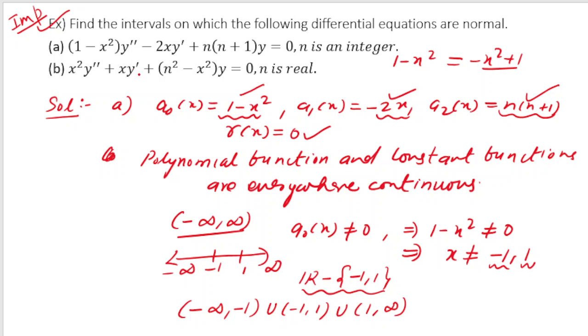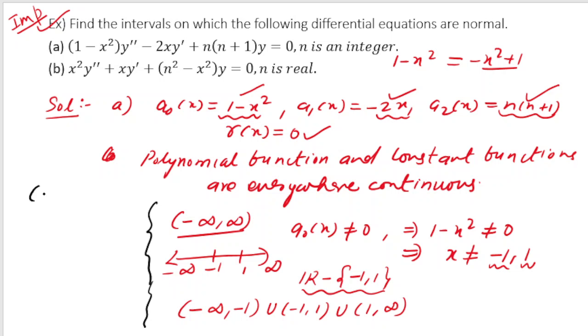So this differential equation is normal in any of the sub interval of this interval, and what I am going to speak is important because this is something they can exploit in asking MCQ questions. So this differential equation is normal in any interval which does not contain minus 1 and 1.